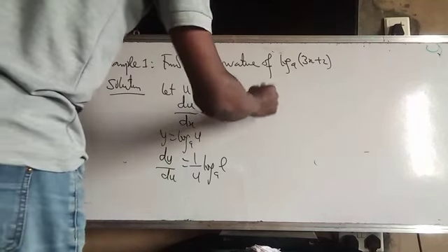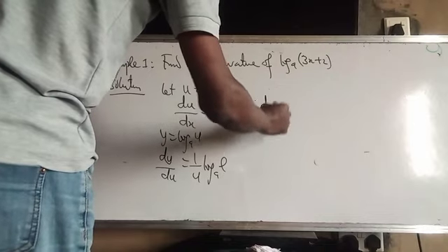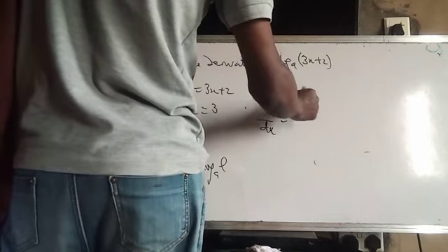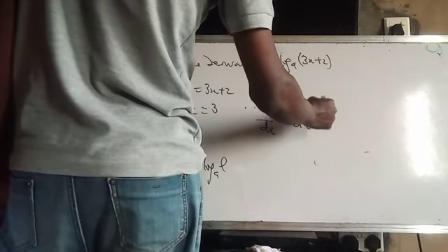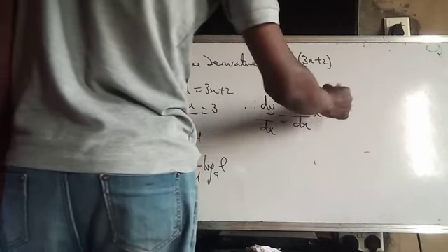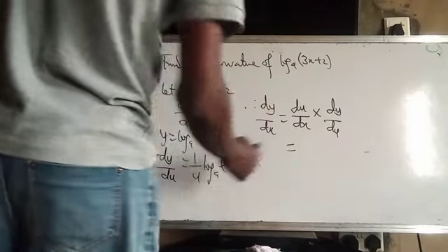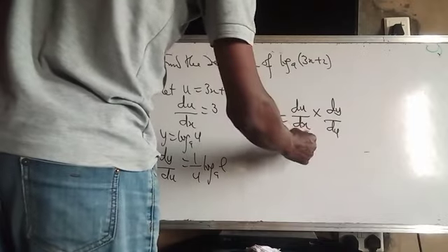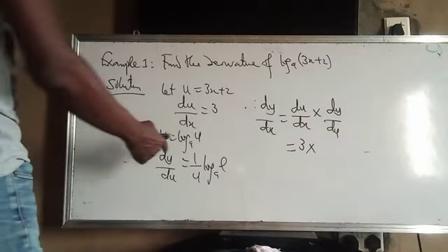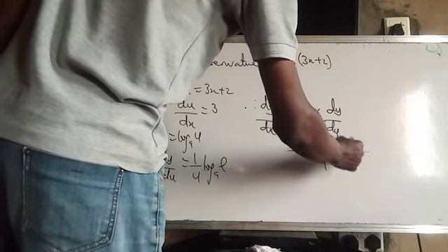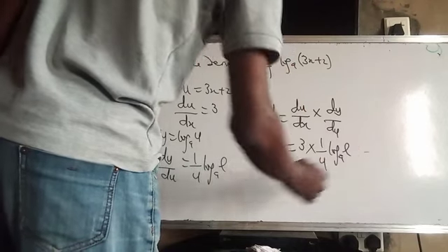Therefore, dy/dx will be du/dx times dy/du, which will be your du/dx is 3 times your dy/du is 1 all over u log e base a.